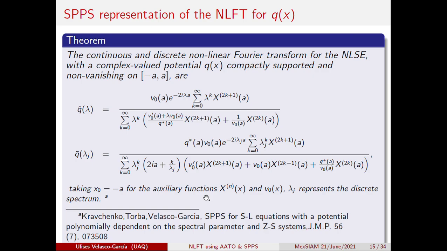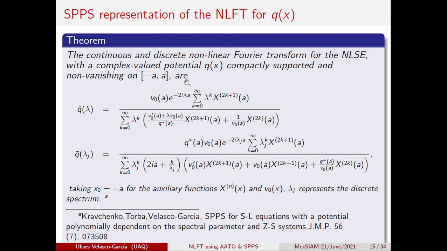The importance of this representation, though it might not look very beautiful, is that the representations we found in other papers were built for a specific potential, whereas here we have few restrictions on the potential.